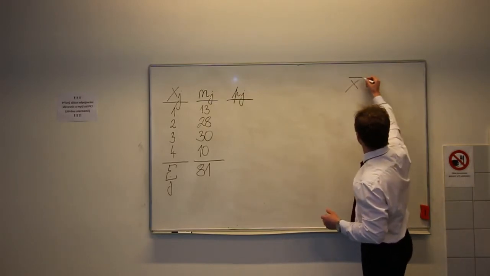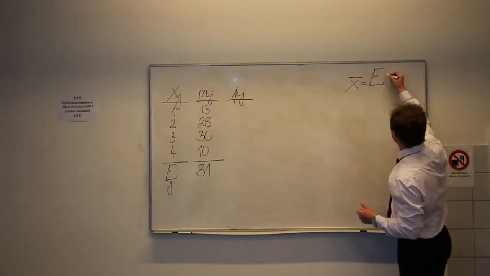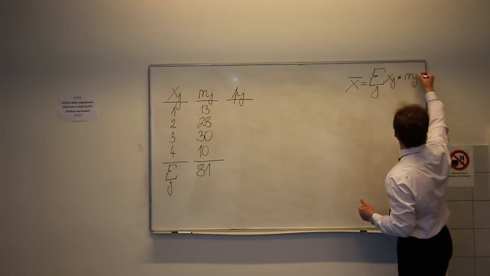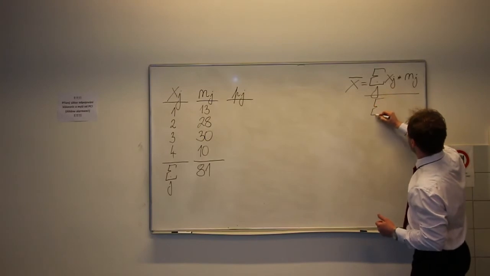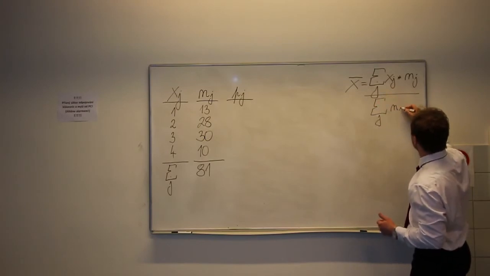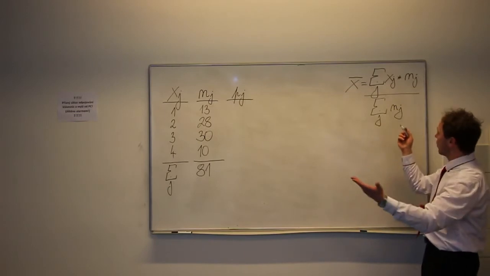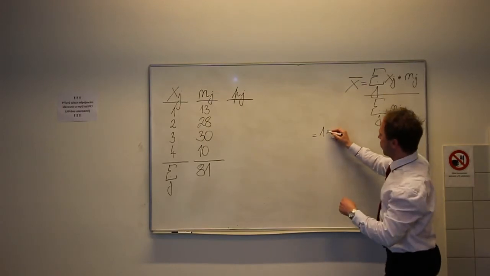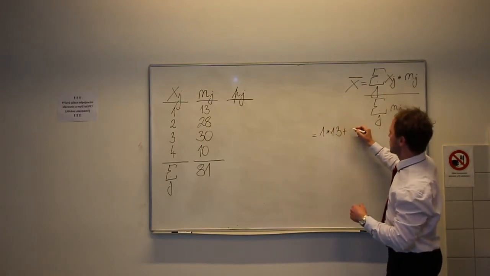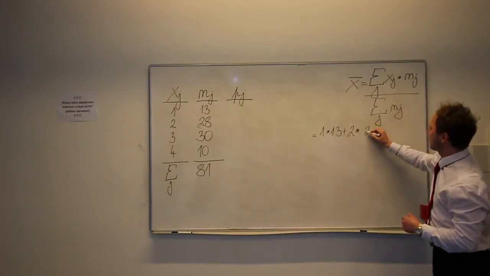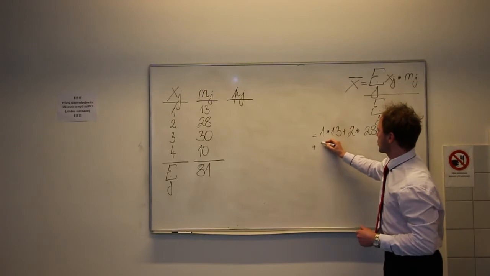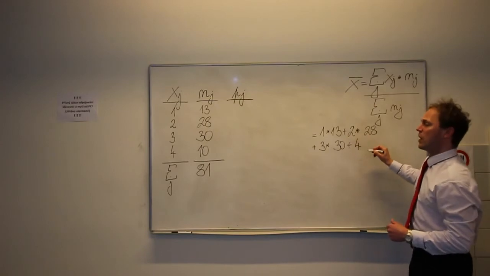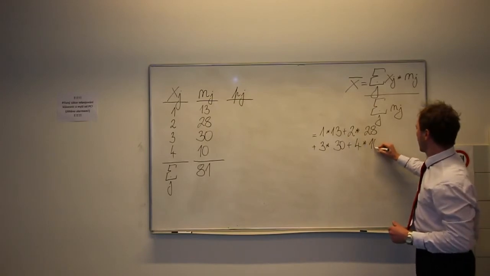We know that the mean is calculated like summation through all j, xj weighted by nj divided by summation through all j nj. So it's very easy now, because I have here grade 1 weighted by 13 students plus grade 2 weighted by 28 students plus grade 3 weighted by 30 students plus grade 4 weighted by 10 students.